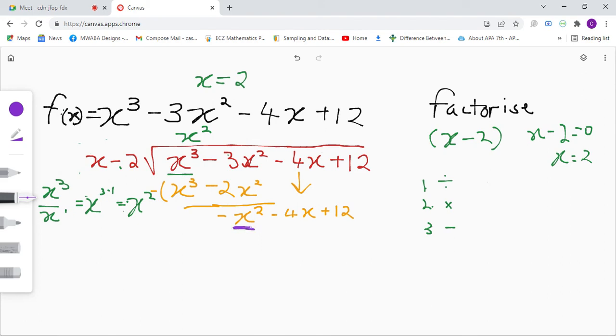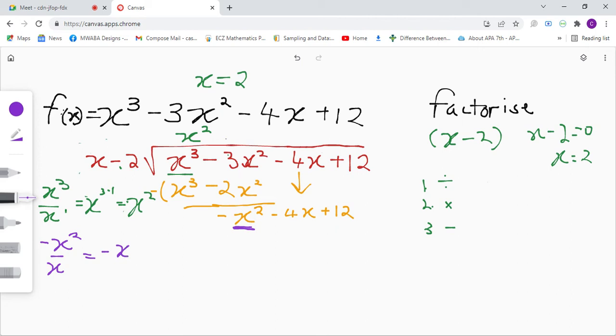So we'll divide with negative x squared, right? So say negative x squared divided by x, that's going to give us negative x.